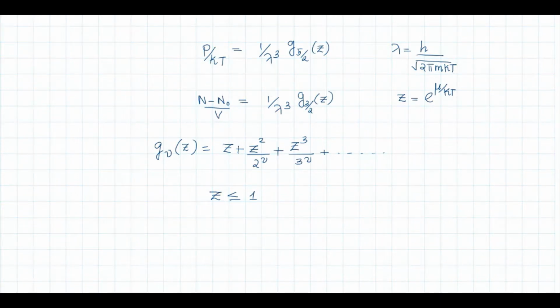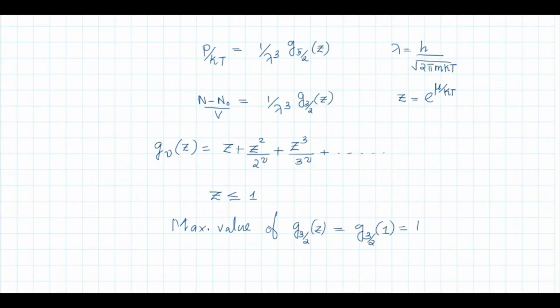Therefore, the value of g 3/2 of z is also limited. We can find the maximum value of g 3/2 of z, and it is nothing but g 3/2 of 1, because the maximum value this variable can take is 1.